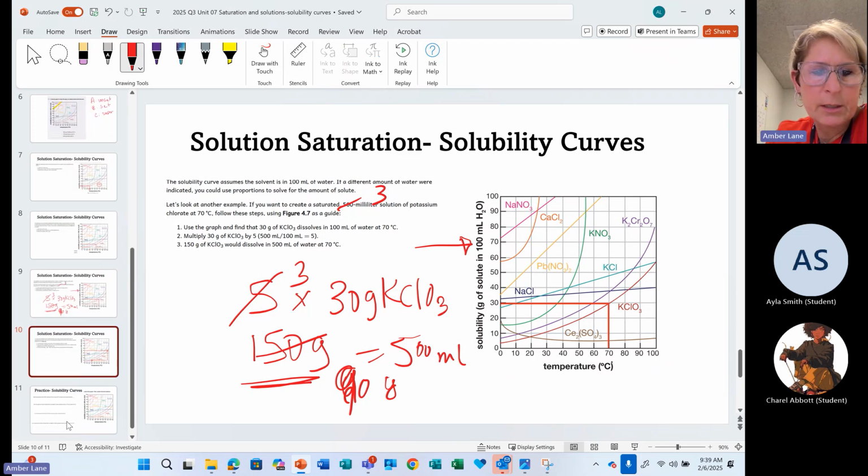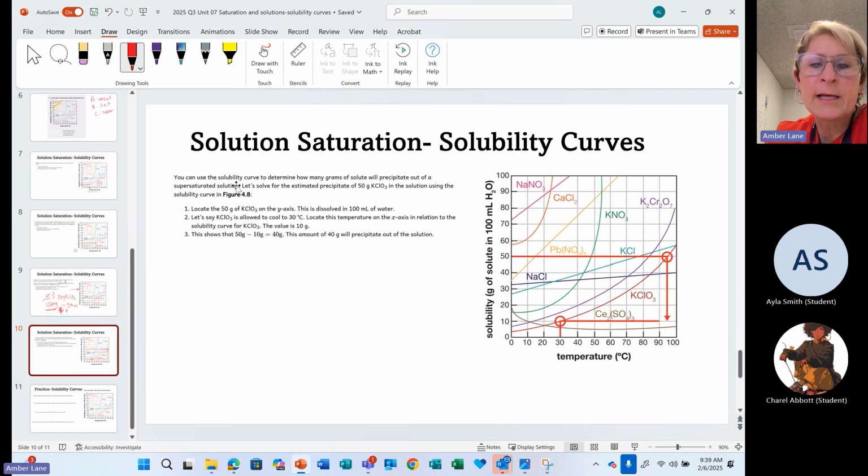And then our last one is finding how much of a solute is going to precipitate out. It says you can use the solubility curve to determine how many grams of solute will precipitate out of a supersaturated solution.